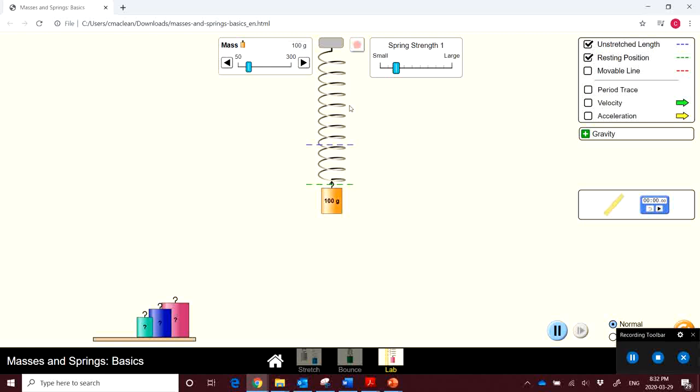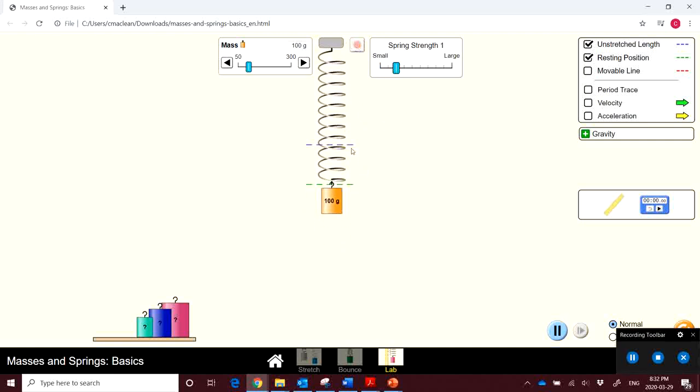Is it a really thin, easy to move spring or a really thick spring? By making it larger, we shrink how much the 100 gram mass can stretch the spring. If we decrease it, just the opposite, we make a really easy to move spring.